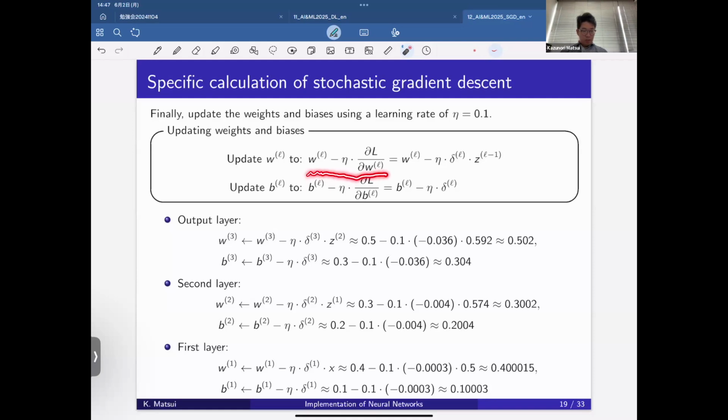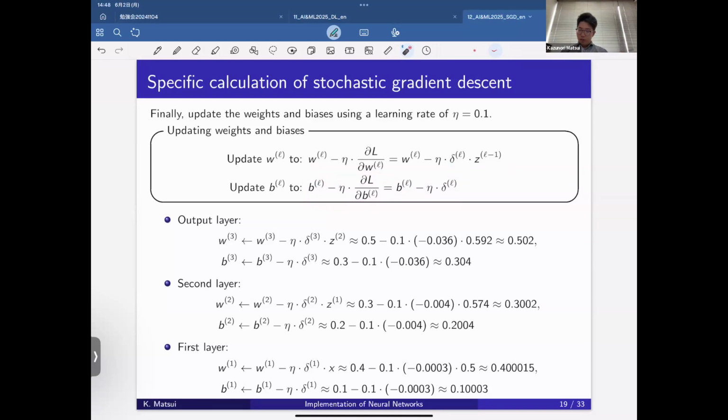We know that the partial derivative of L with respect to WL is delta L times Z L minus 1. For bias, we know that we should update BL to BL minus eta times delta L, since the partial derivative of L with respect to BL is delta L. We should calculate this. This was the update method by stochastic gradient descent.